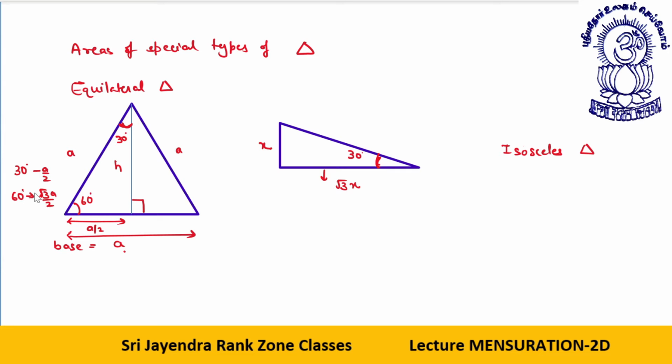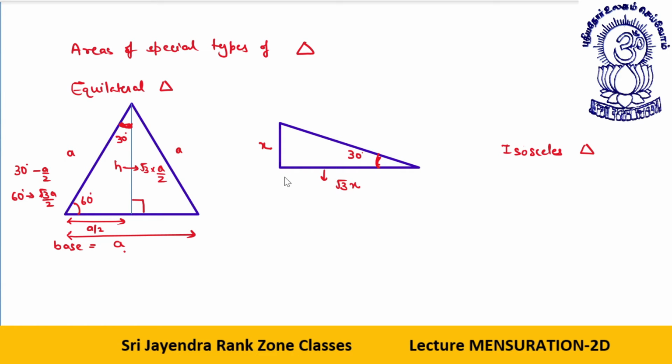You will multiply this by root 3. So this H comes out to be root 3 into A by 2. I hope it is clear to everyone.